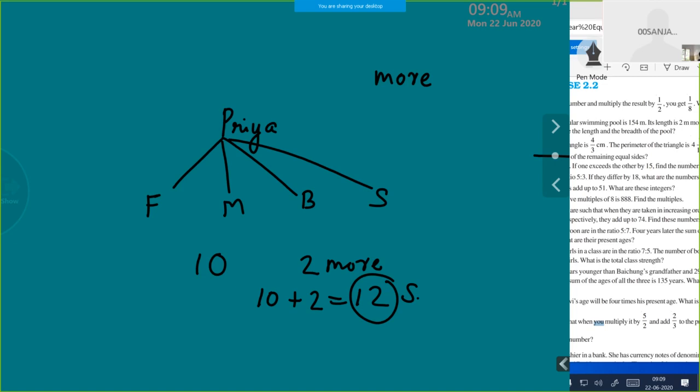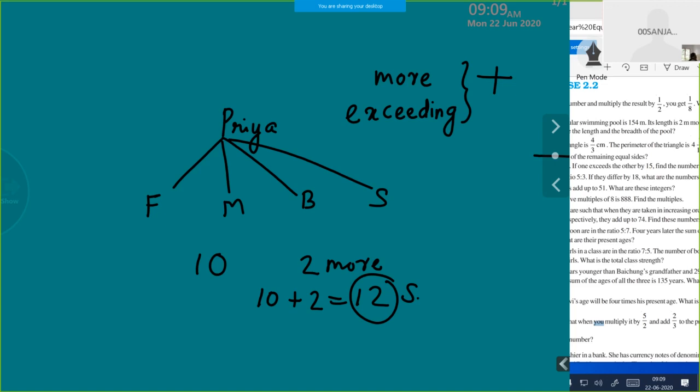More than. More means addition, isn't it? Or exceeding. Children, those who want, you can note down these word expressions along with the mathematical terms or symbols which we are going to use in the algebraic expressions.